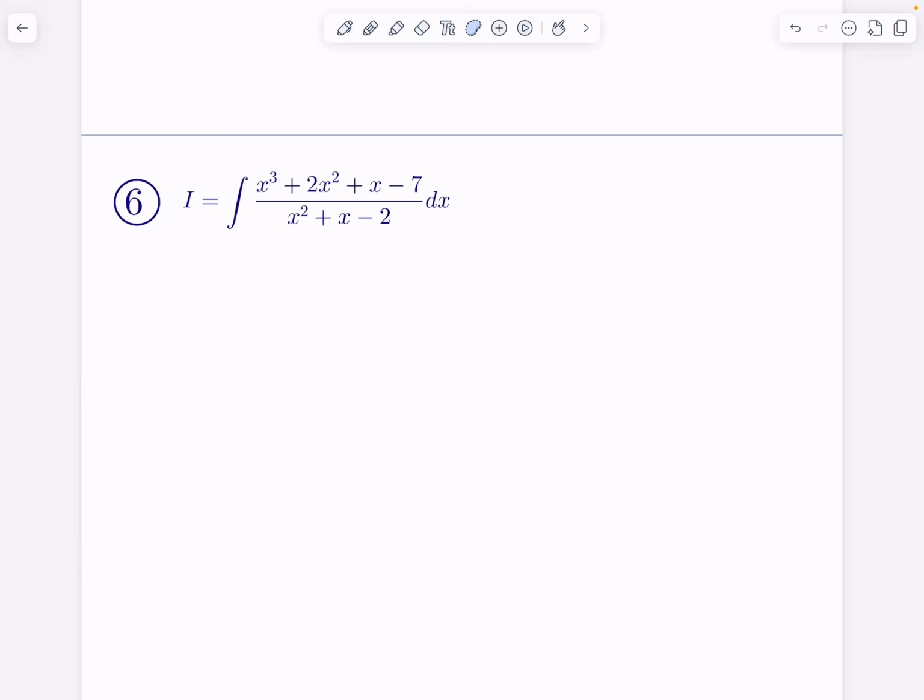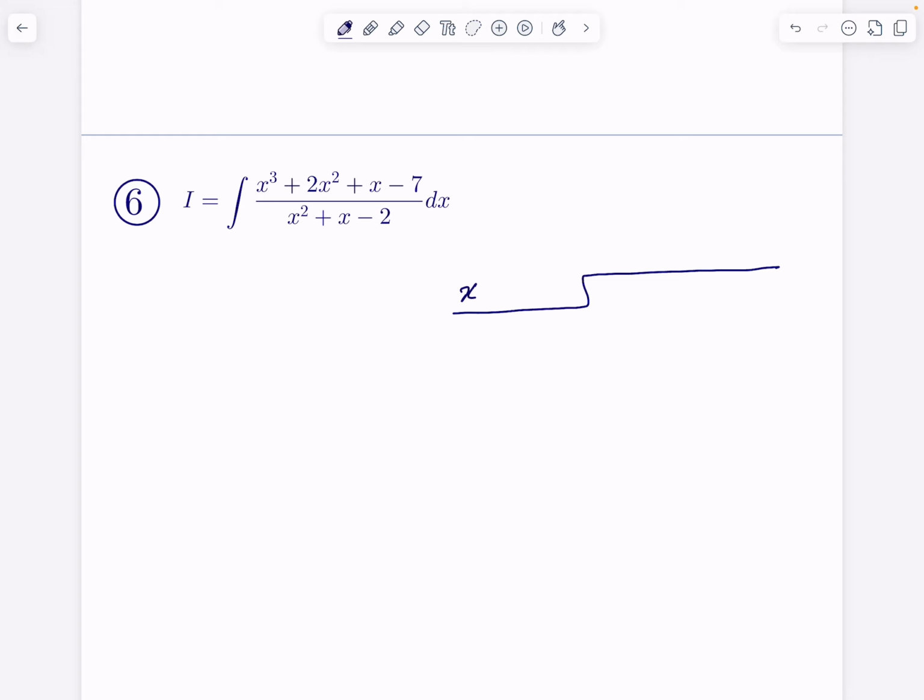But here the degree of the numerator is bigger than the degree of the denominator, therefore we need to apply a long division to make the degree of the numerator smaller than the degree of the denominator.